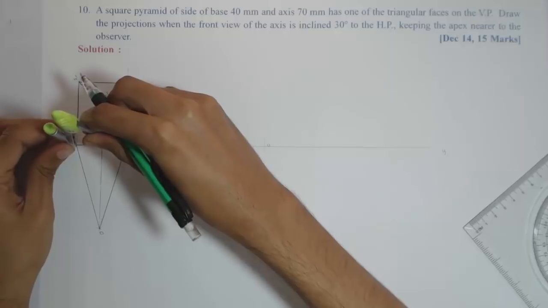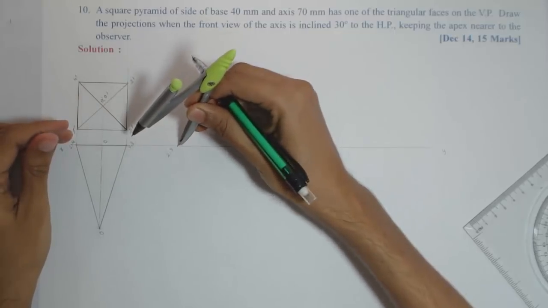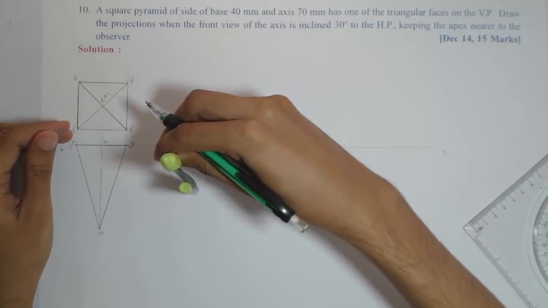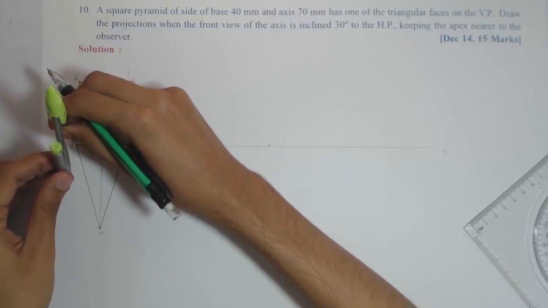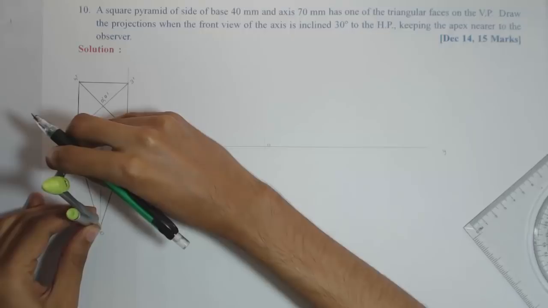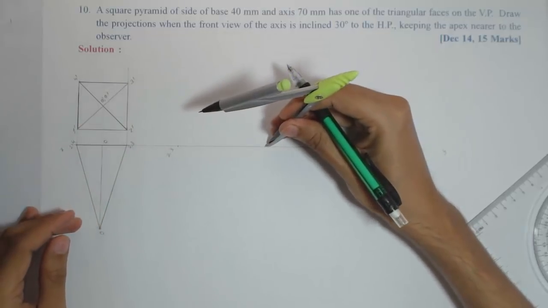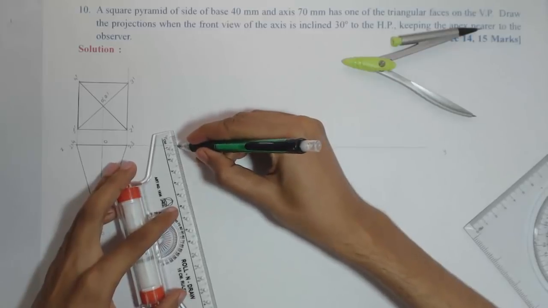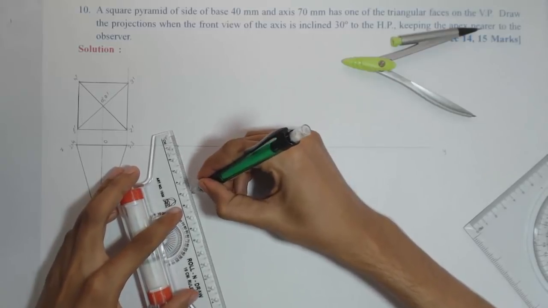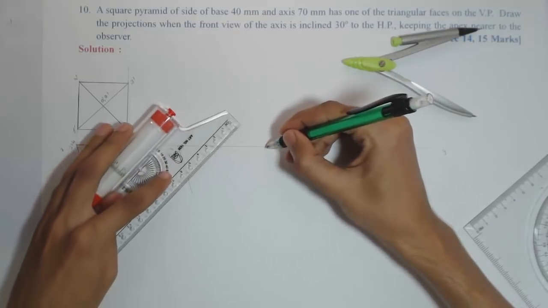So for 1, 2, 4, I'll take this arc. Then from 4 to 1 and 4, I'll take this distance. We already marked O, so from here I can cut the other arc. Now we can complete the triangle such that the triangular face is lying on the VP.